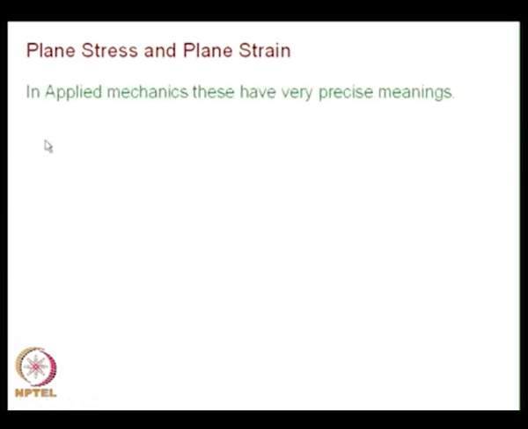And before we proceed into that, it is worthwhile to recall how plane stress and plane strain terminologies are used in fracture mechanics. In applied mechanics, these have very precise meanings. We know what plane stress is; we have looked at the stress tensor as well as the strain tensor.